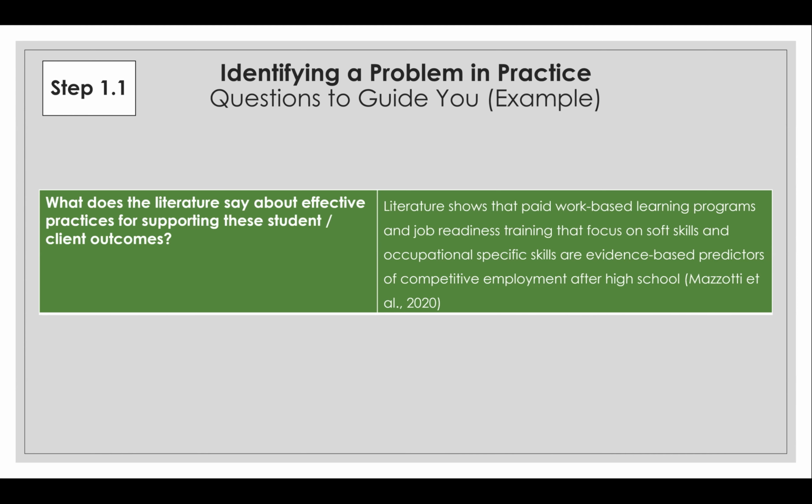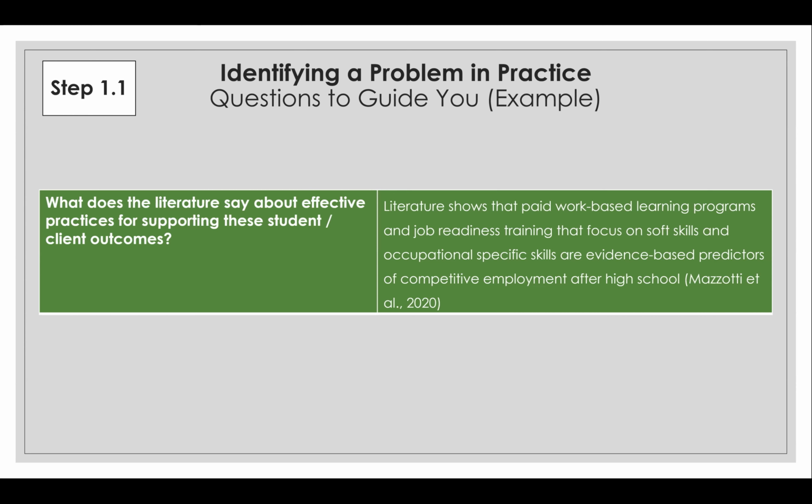So I just gave an example. This is true related to this. The fictitious example I'm giving you, but what is directly shown in the literature, this is true in the literature for this example, is that paid work-based learning programs and job readiness training that focus on soft skills and occupational skills are evidence-based predictors of competitive integrated employment.